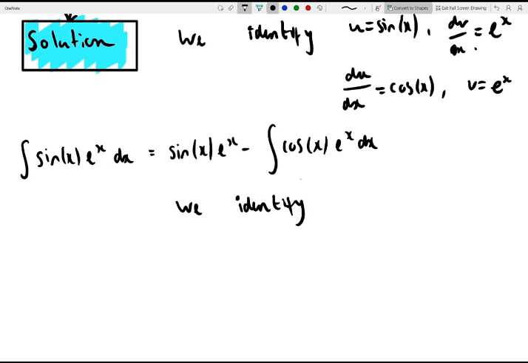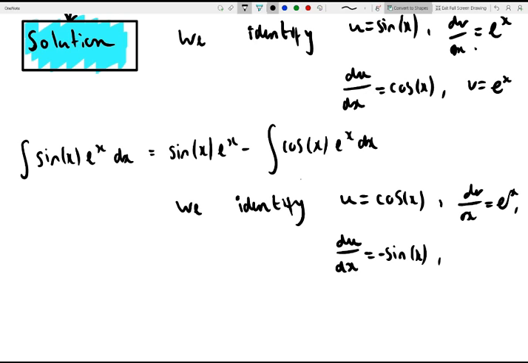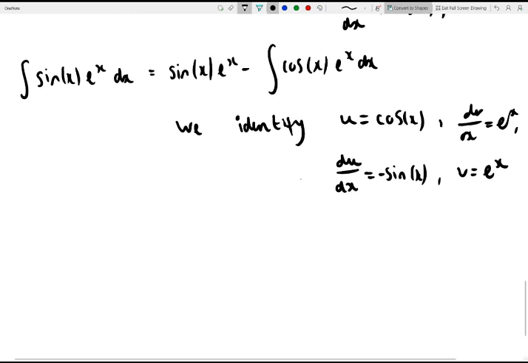And it looks like it's going to carry on forever like this, but there's a trick. So we identify u to be cos of x and dv by dx to be e to the x. Then the derivative is minus sine of x, and the integral of this is just e to the x again.